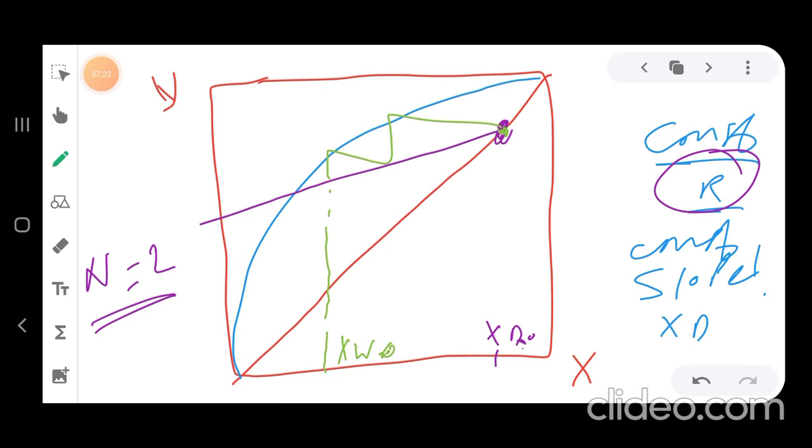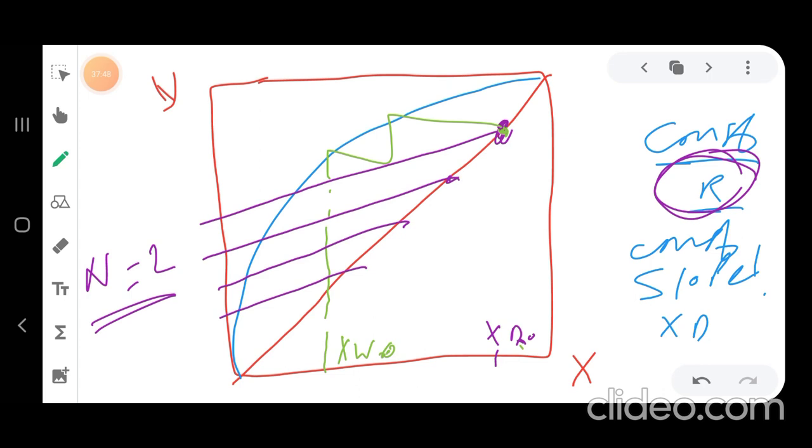Okay, then we need to move this line again and again. We move this line, it is constant r, so the same slope, so all lines will be parallel. We need to move this line, but the question here, where to stop? Until where we stop moving this line?